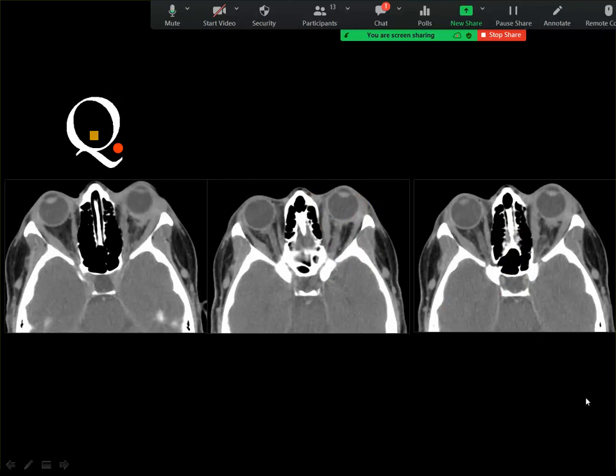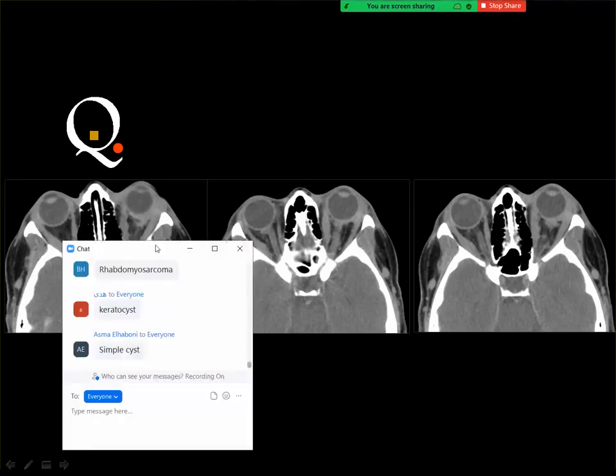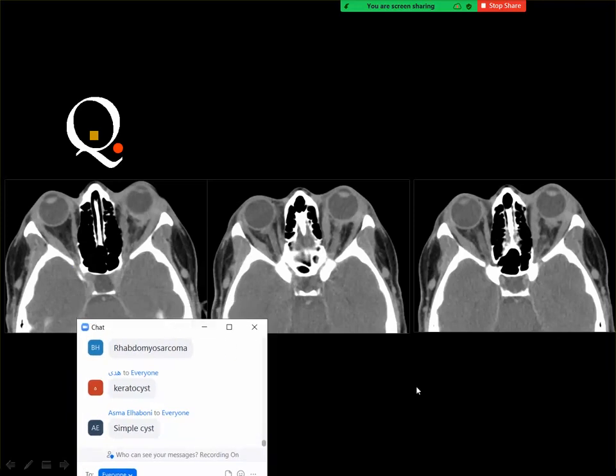Next case is a series of post-contrast CT scans of the orbits. Yes, the answer is right.